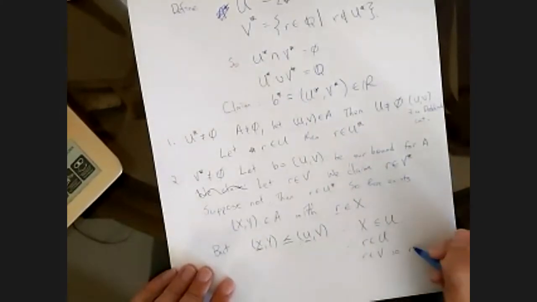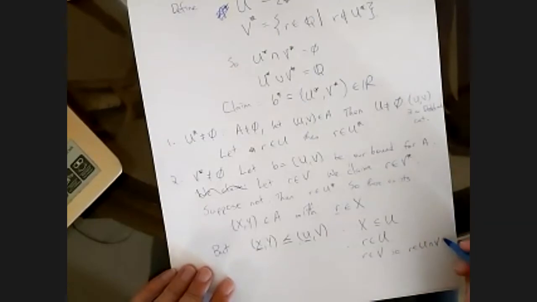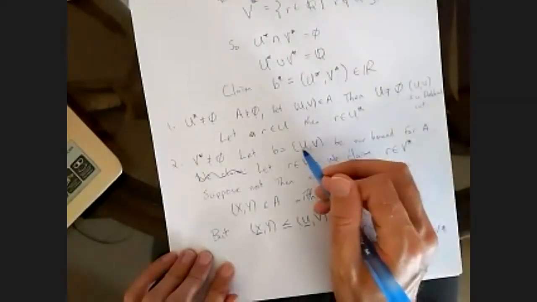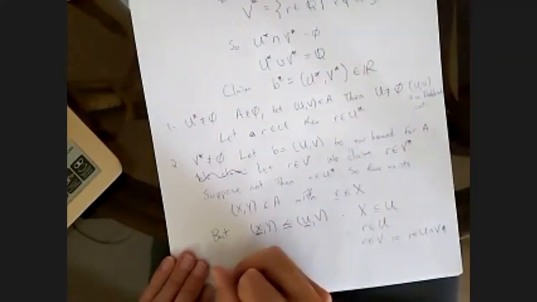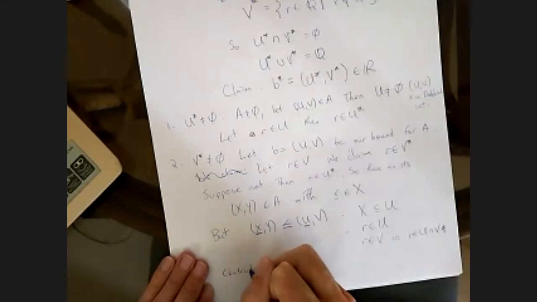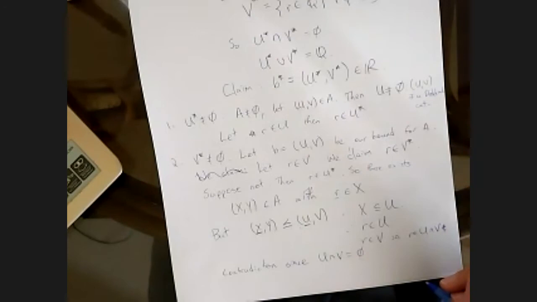So R is in U intersect V, which has to be empty, and that's a contradiction. UV is supposed to be a Dedekind cut. Cuts are like the two elements are disjoint. So this is the contradiction, since U intersect V is supposed to be empty.